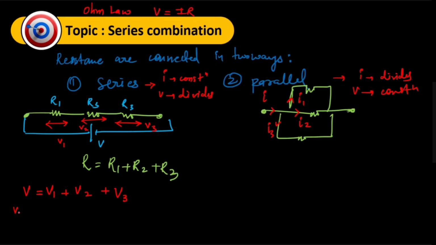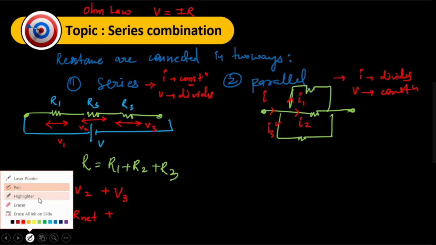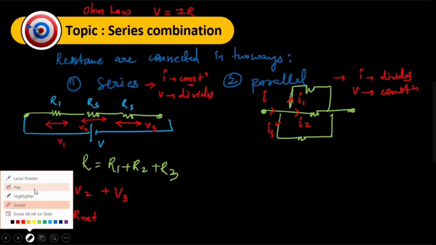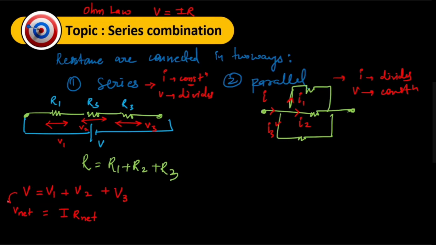So can I write V net is equal to I R net? Why have I written I here? Because current is constant in series. So V net is equal to I R net, which is equal to I R1 plus I R2 plus I R3.